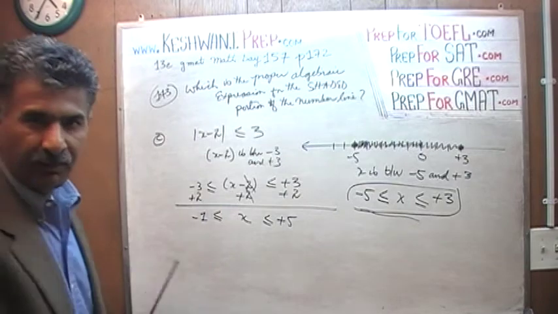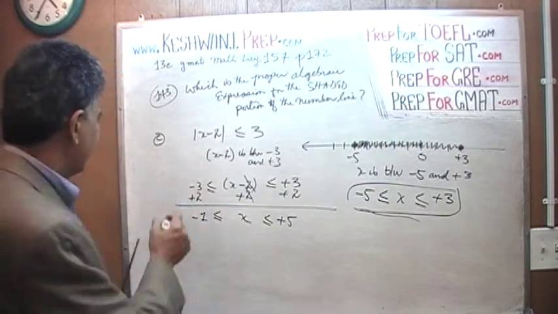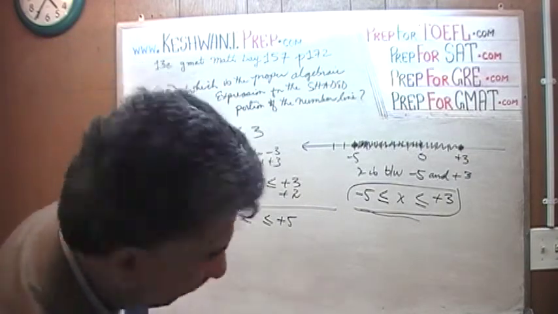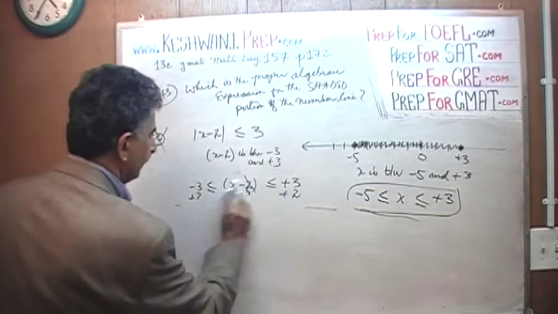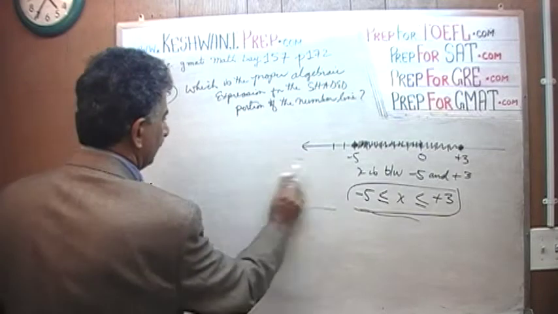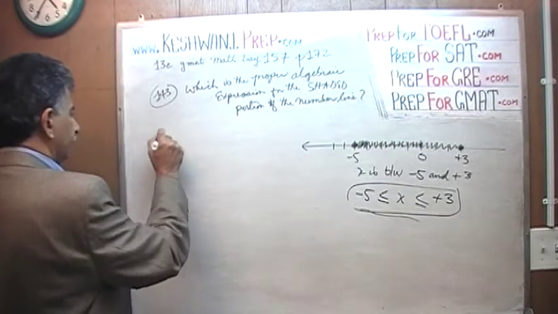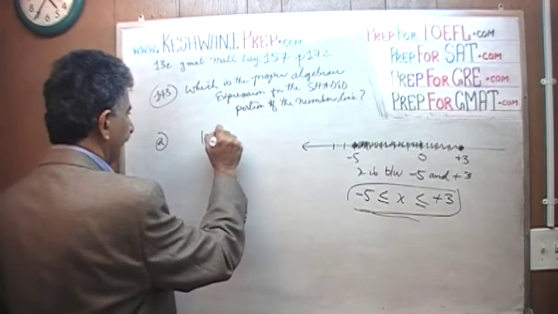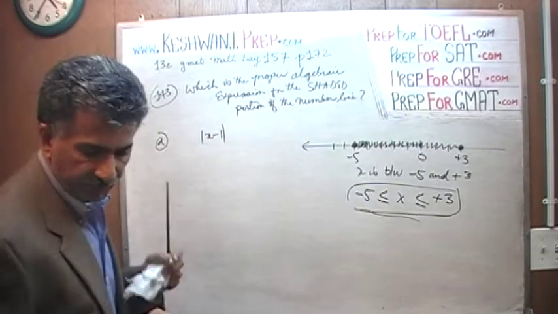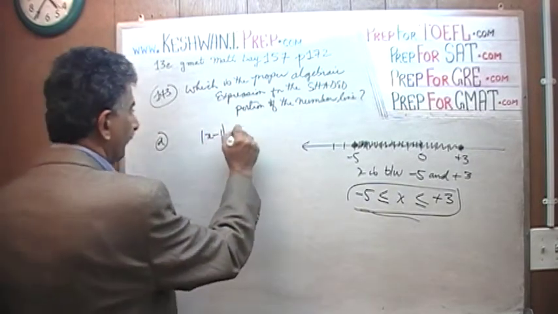We're not going to waste our time plotting it on the number line. This is not it. Let's look at D. D says the absolute value of x minus 1 is less than or equal to 4.